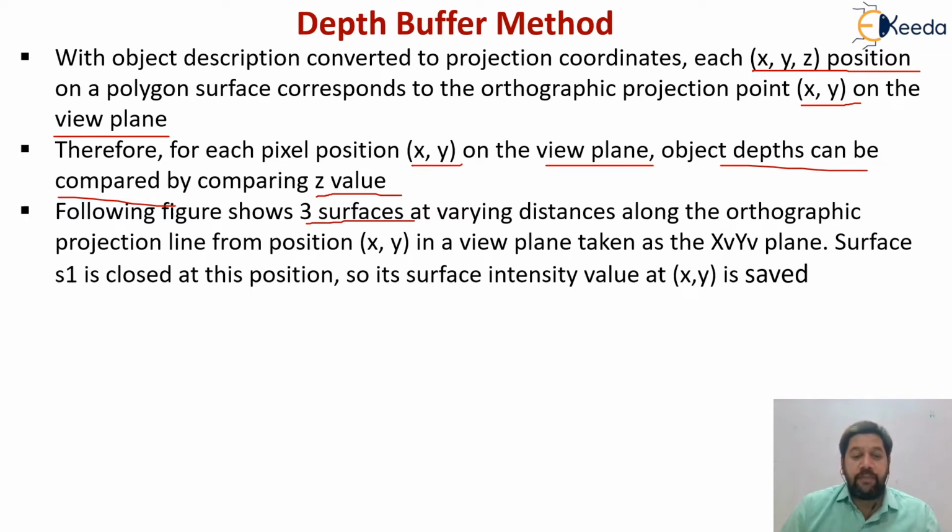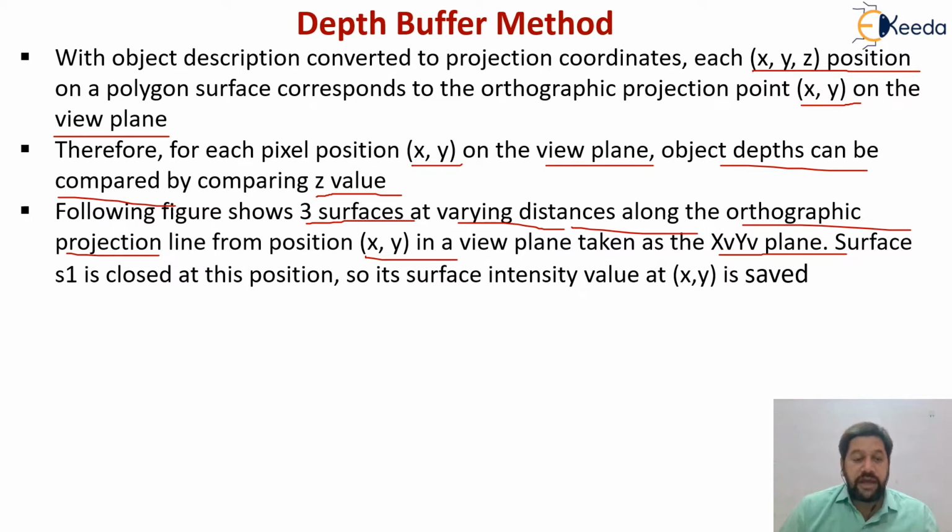The figure shows the three surfaces at varying distances along the orthographic projection line from x comma y in a view plane taken as the xv comma yv plane. Because we are displaying the object in the x and y plane only, and that is my viewing plane, I consider this plane as xv comma yv. X is the x coordinate, y is the y coordinate. We indicate the viewing plane.